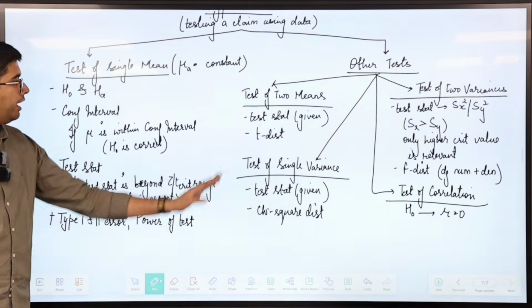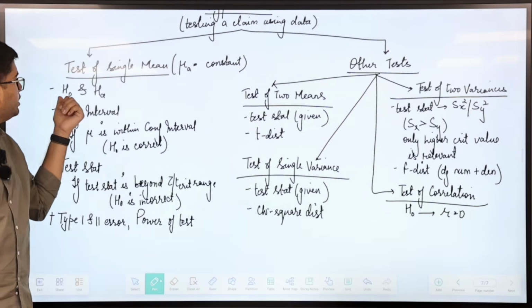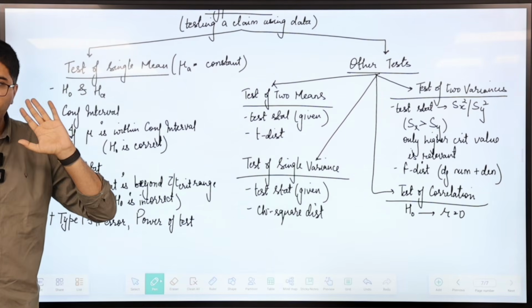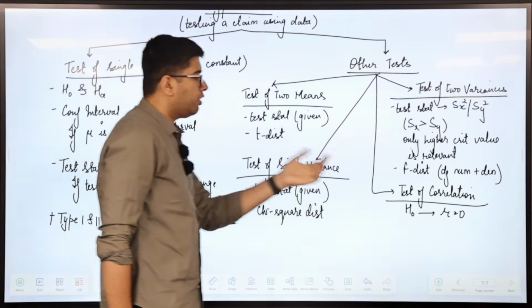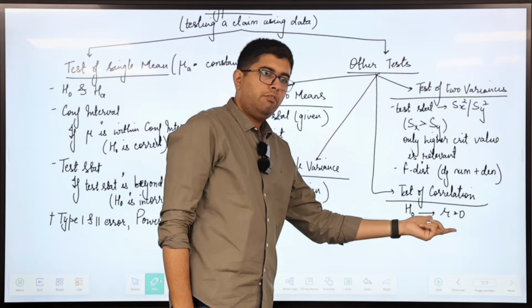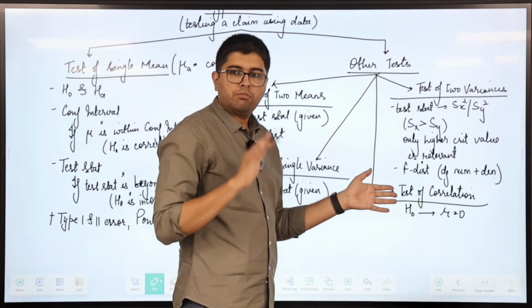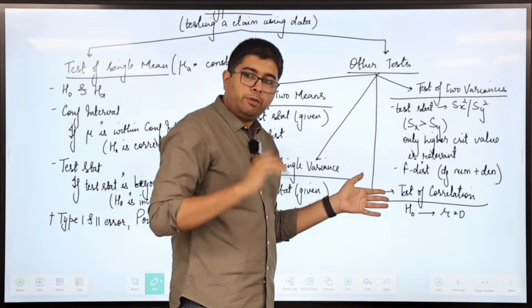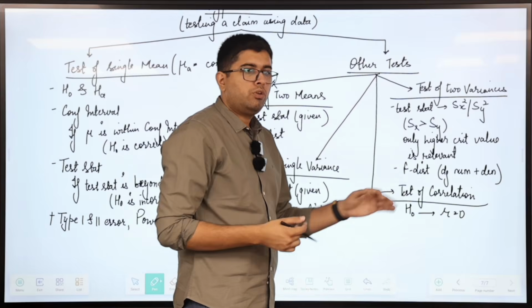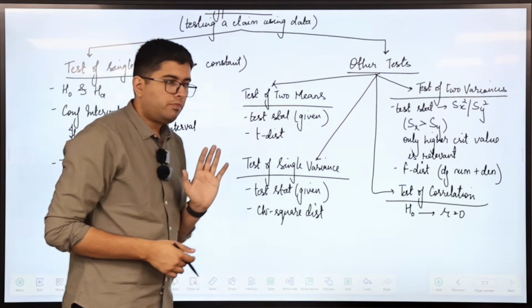Why? Because if there is no claim statement, we always make null opposite of what we wish to prove. So if I want to check whether correlation is strong, my null will be correlation is weak. If I can prove that it is weak, problem solved. And if I can't prove it is weak, then I will have to conclude correlation is strong.